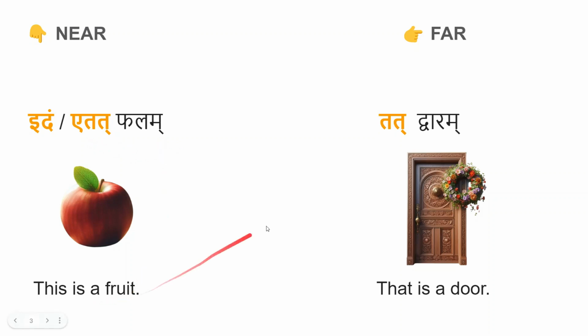This is a fruit. If there is an object a little bit away from me, in the sense of far, I can use tat, tat dwaram. That is a door. Etat phalam, tat dwaram.